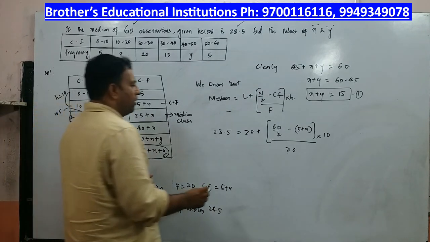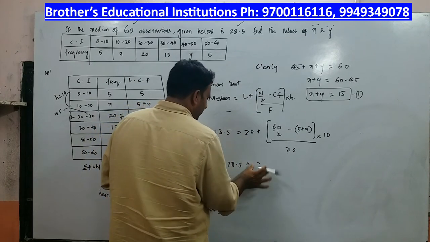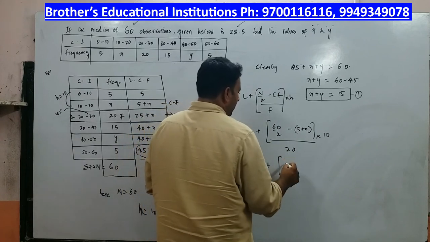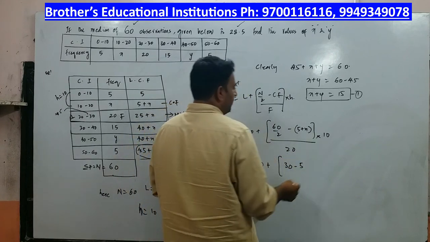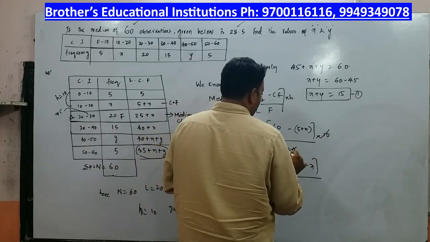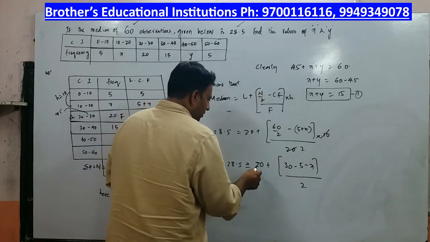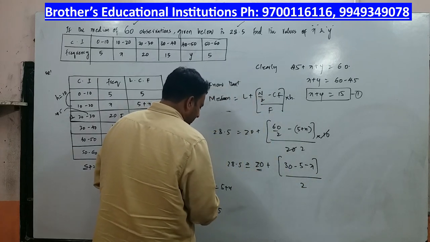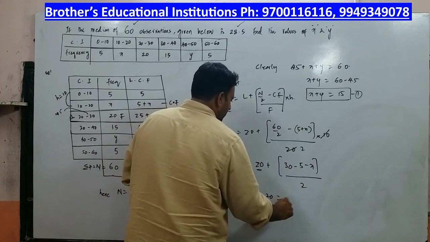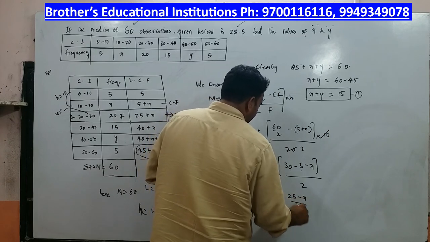All right. So now 28.5 is equal to 20 plus, 60 divided by 2 is 30, minus 5 minus x, by 10 ones are 10, twos are 2, so it is 2 here. Now 20 will come to the left hand side. 28.5 minus 20 is equal to, what is 30 minus 5? 25 minus x by 2.